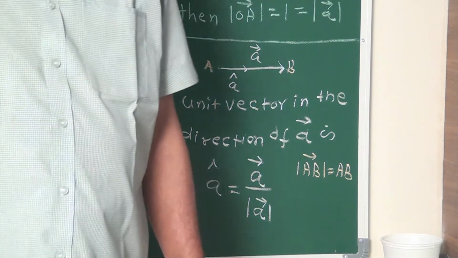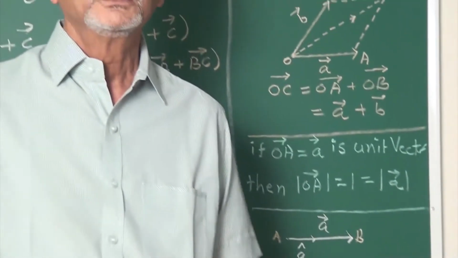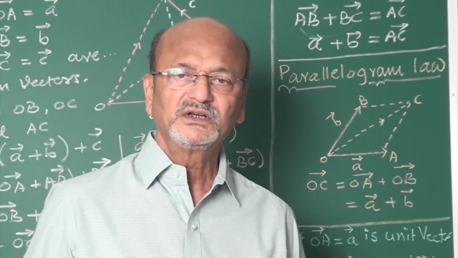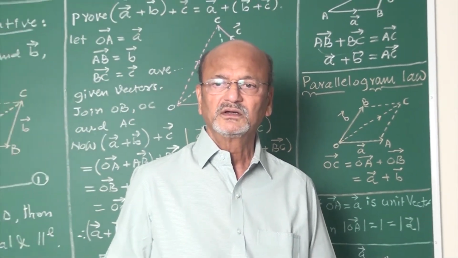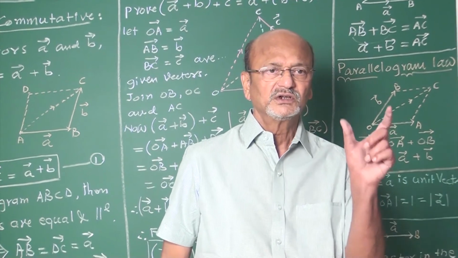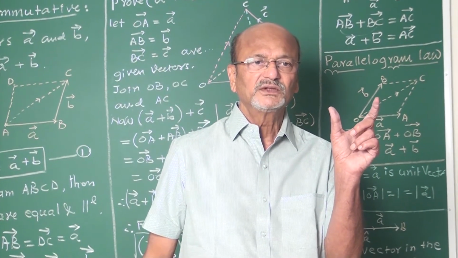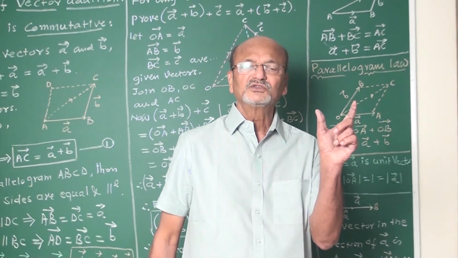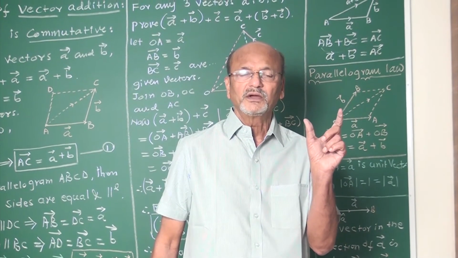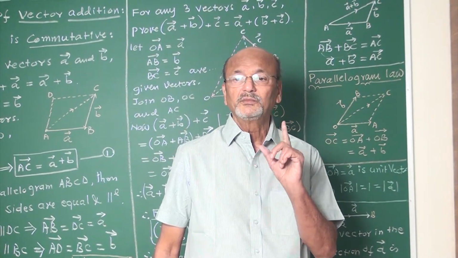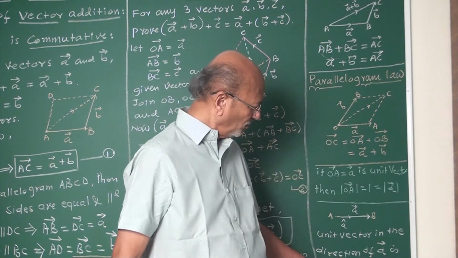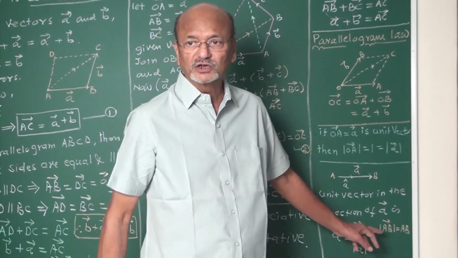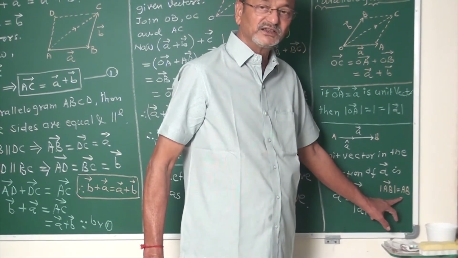Therefore, my friends, remember, a vector can be represented by a line segment AB, in which the length of the line segment AB is known as the magnitude of the vector AB, and is written as modulus of AB. This modulus of AB is nothing but the length AB.